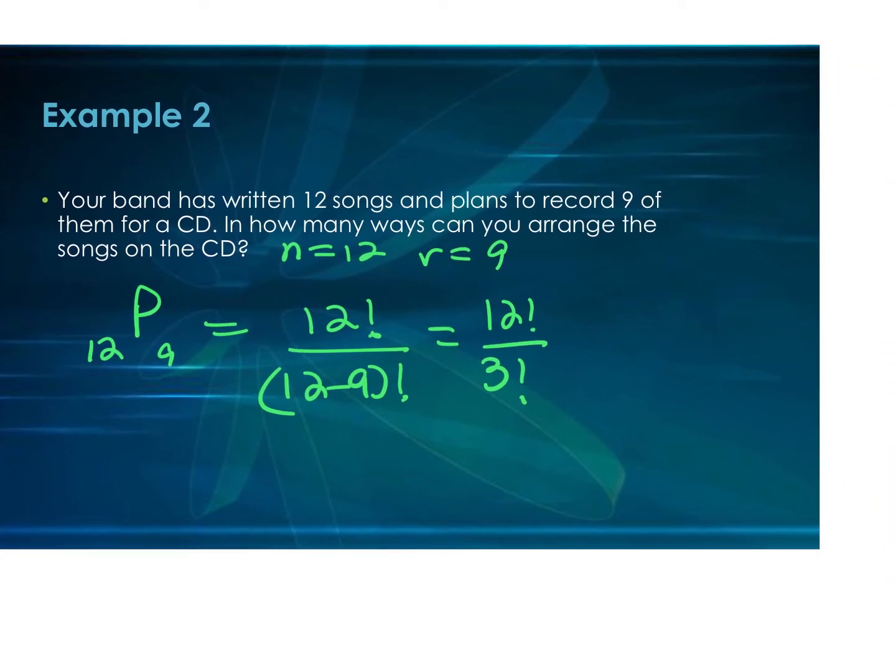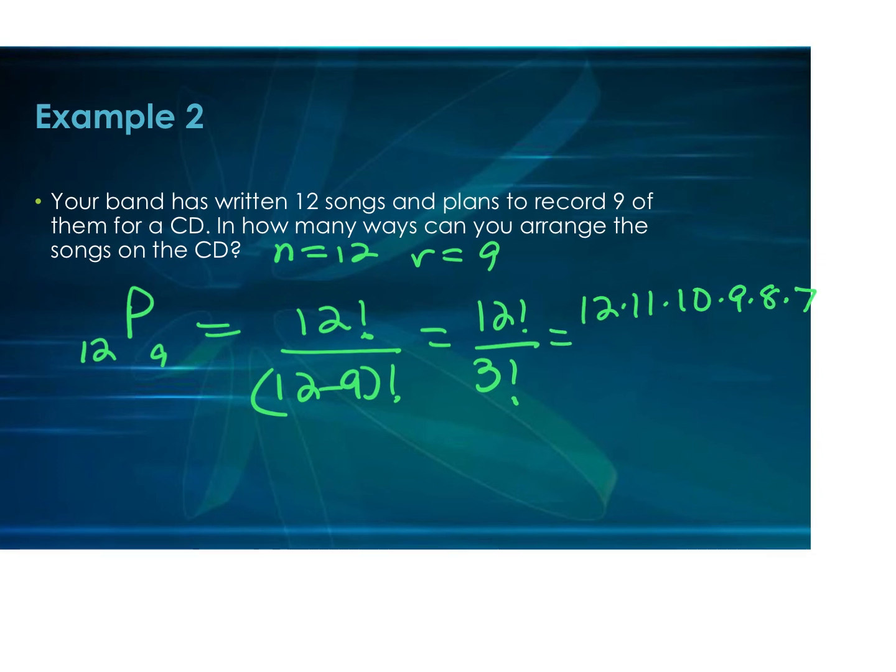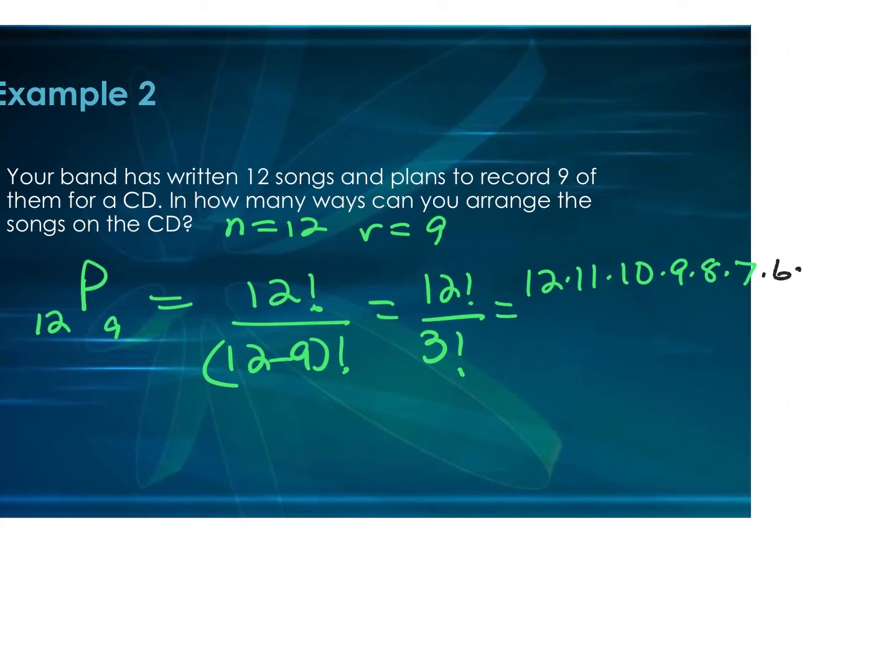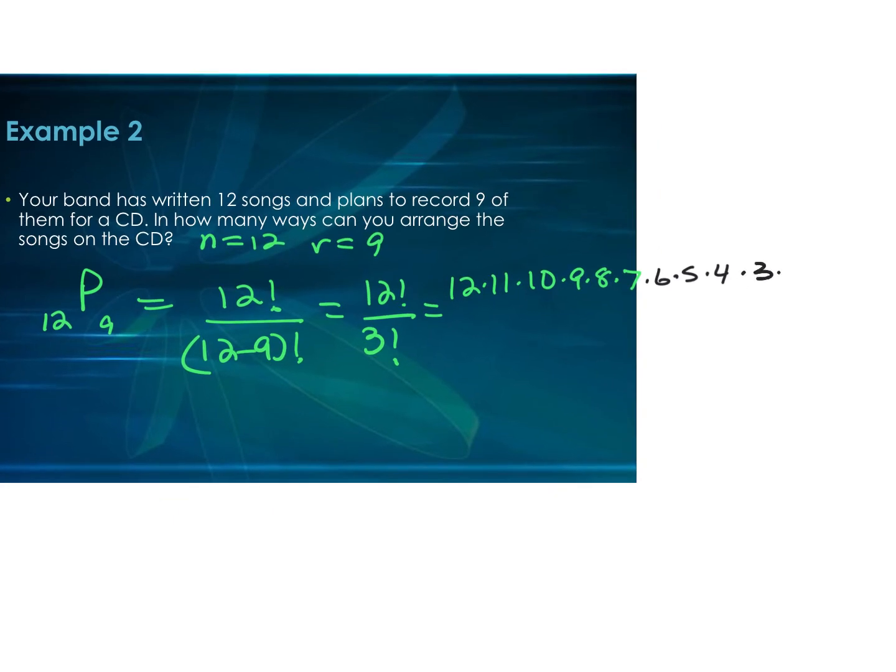So I'm going to expand out the 12, 12, 11, 10, 9, 8, 7, I'm going to switch to a darker color, 6, 5, 4. And again, if you want to go all the way down to 1, you can. If you'd rather just leave it as 3 factorial, you can, because remember the 3, 2, 1 is going to cancel.